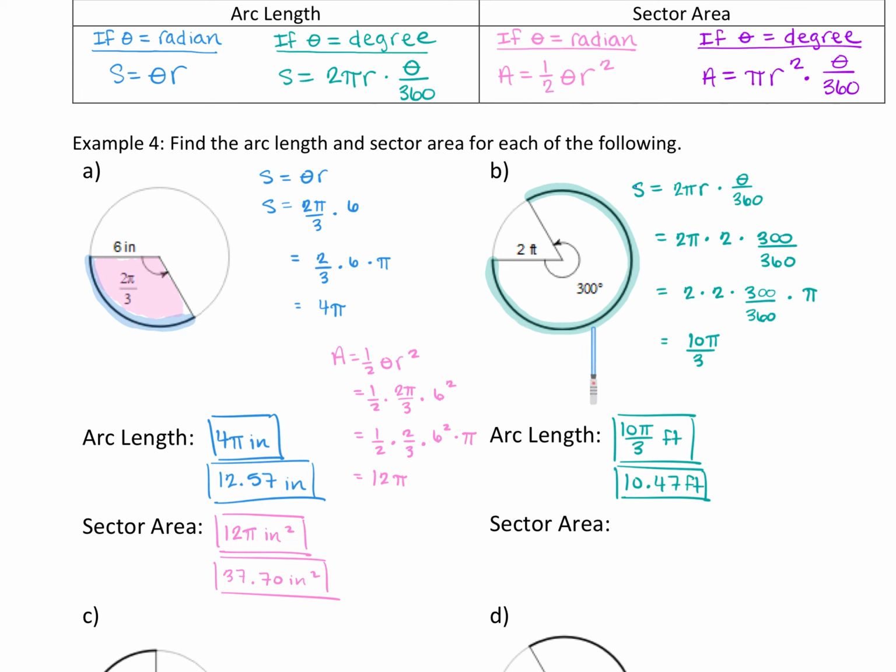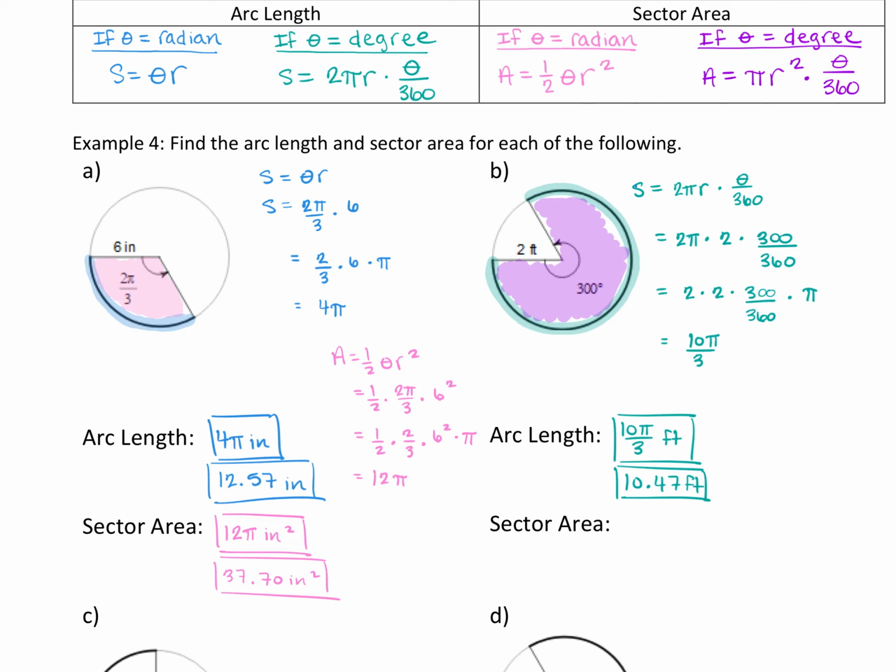It's asking what is the length of that string if it only went that far. And then for the sector area, you're finding the inside piece right here. That entire thing represents the sector area. And we're using this purple formula then since our angle is in degrees.